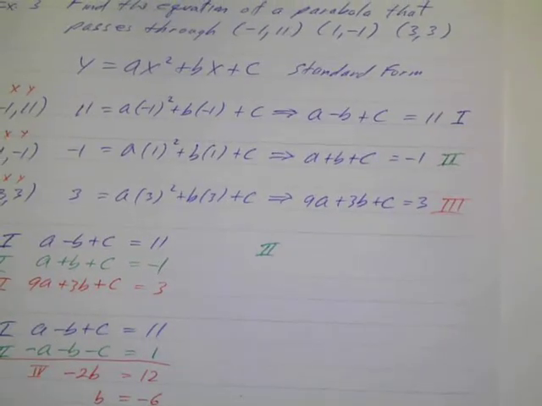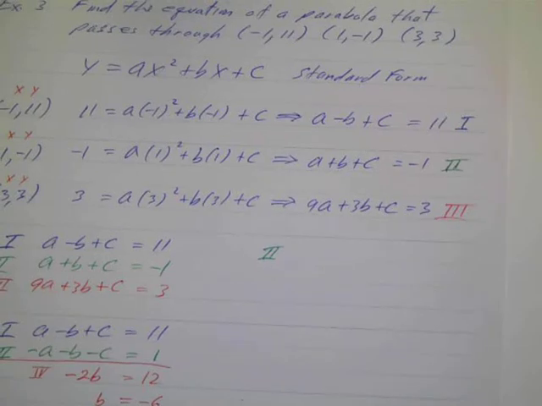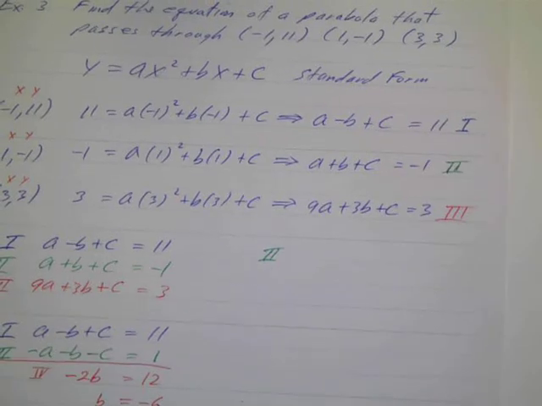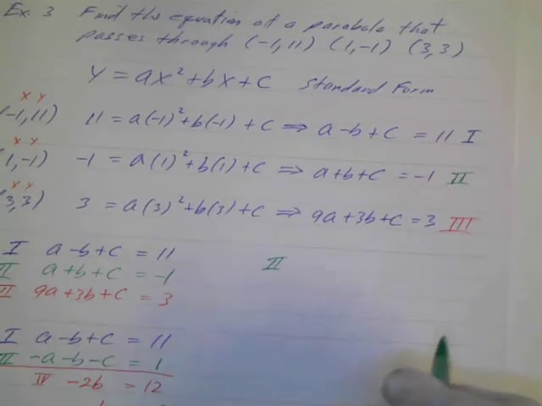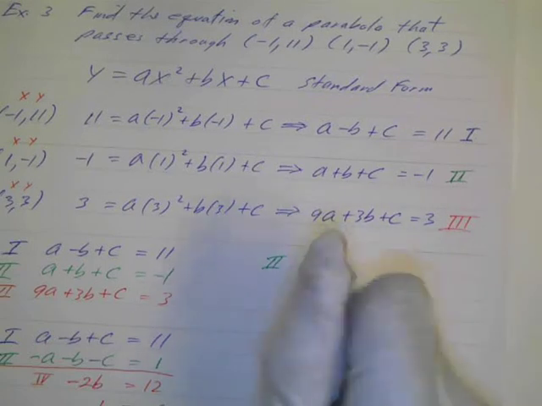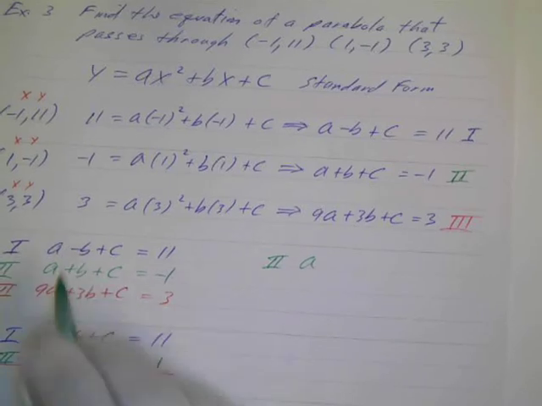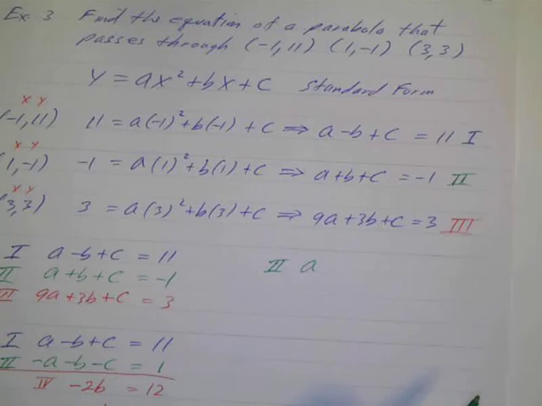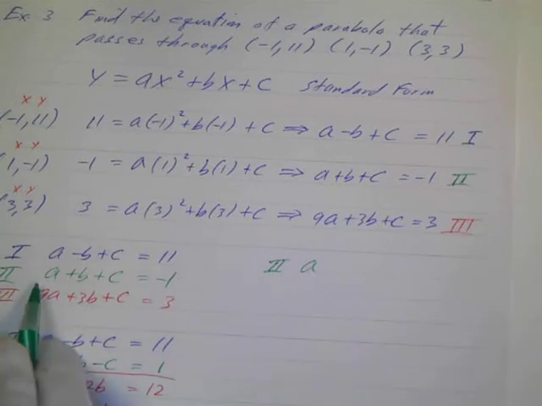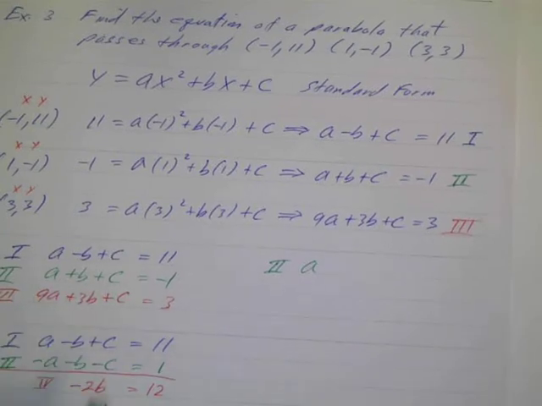Equation 2, and I'll put that negative 6 in for B, so equation 2 will be A plus B, instead of A plus B is going to be negative 6.